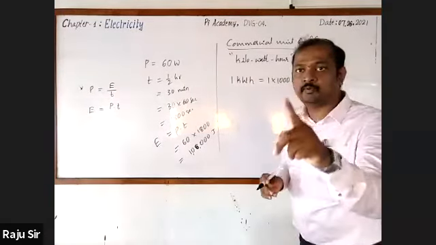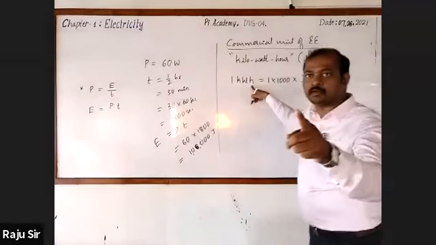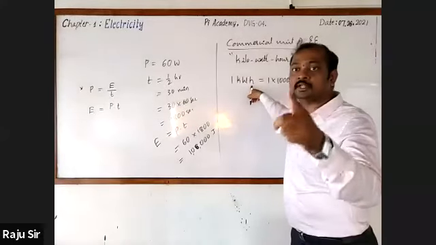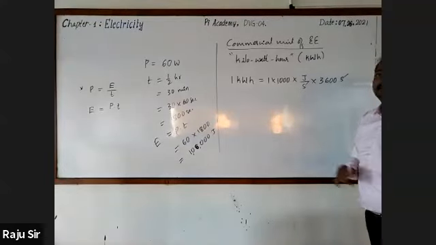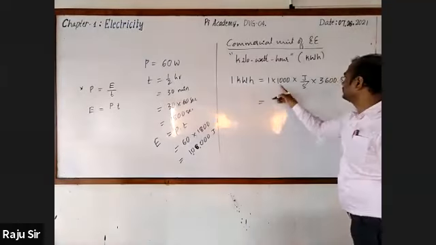Watt. 1 watt is 1 joule per 1 second, into 1 hour. 1 hour means 3,600 seconds. Seconds get cancelled. Now let us multiply.